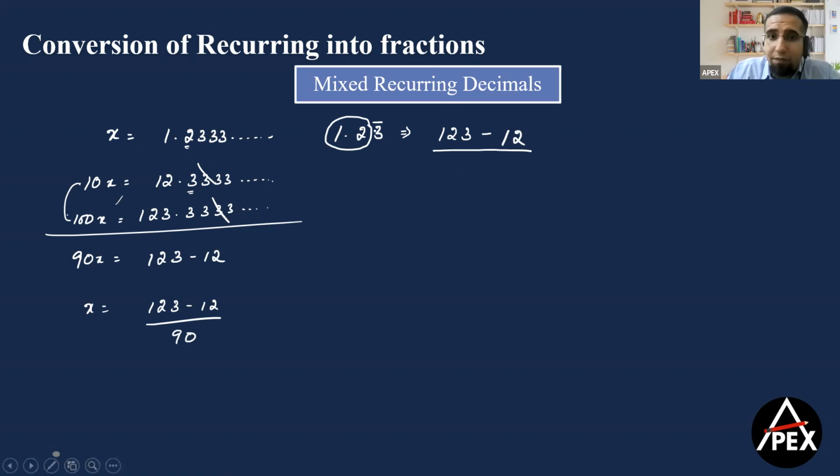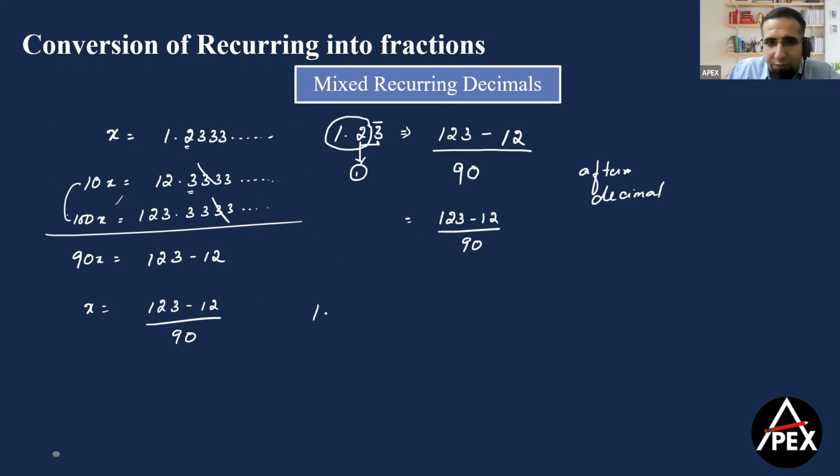Now for the denominator, focus on the portion after the decimal point. How many digits are repeating after decimal? Only one digit, so I'll write 9. How many digits are not repeating after decimal? One digit is not repeating after decimal. So therefore, this is going to be 10. So our answer here becomes 123 minus 12 divided by 90.